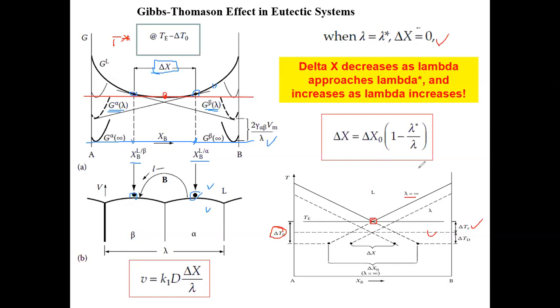The thing to realize here is that we have also derived this in the compositional supercooling case, that delta X is proportional to the degree of supercooling that you feel. So if you have the full supercooling, which is associated with lambda going to infinity, we have the largest possible composition difference, which we call delta X naught.